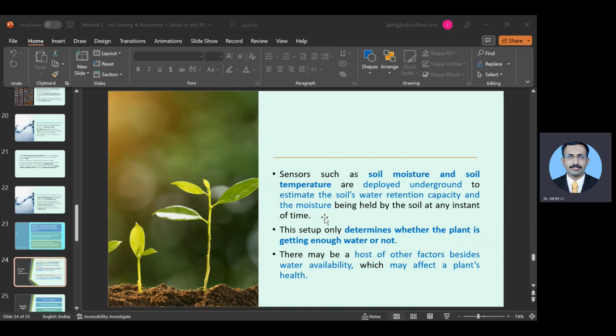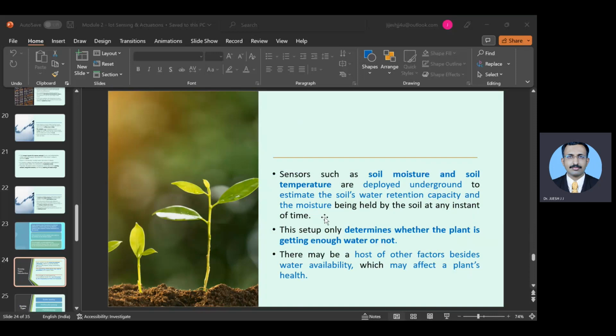Some plants don't need much water, but some plants need continuous watering. So whether sufficient water content is available or not is very important for us to understand. It may also affect the water availability and the health of the plant. If water is less it is a problem, and if water is more it is also a problem, so you need to maintain a certain level.